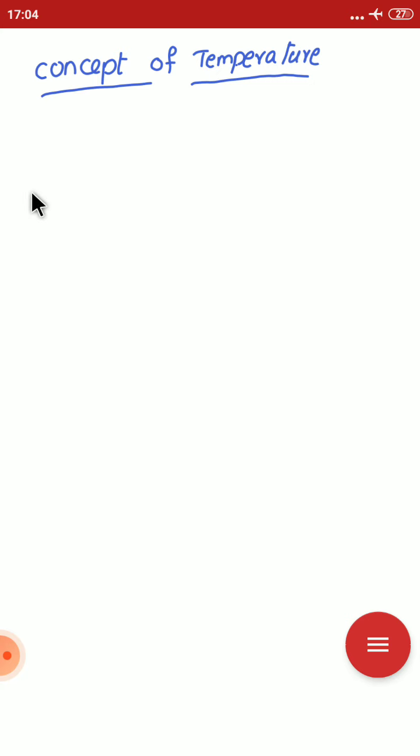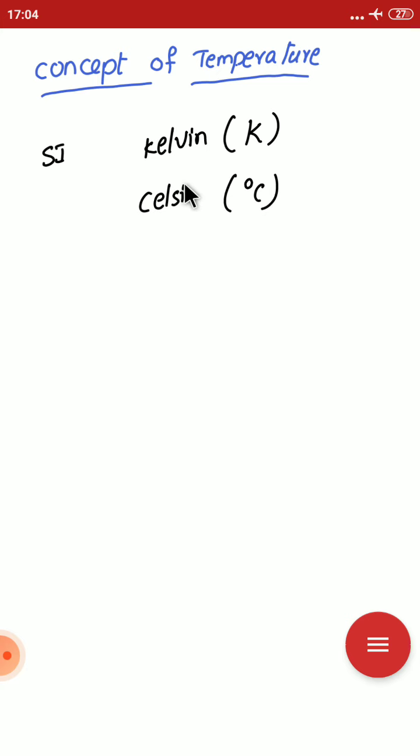The SI unit of temperature is the Kelvin, indicated with the letter K. For daily applications, we use degrees Celsius. Temperature is generally measured with a thermometer.